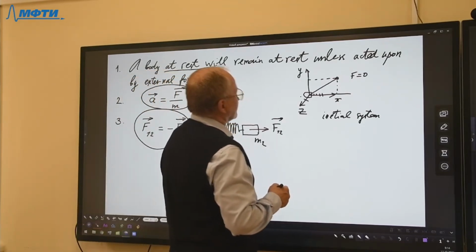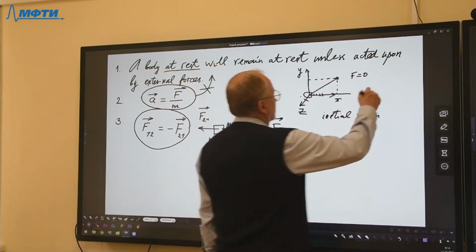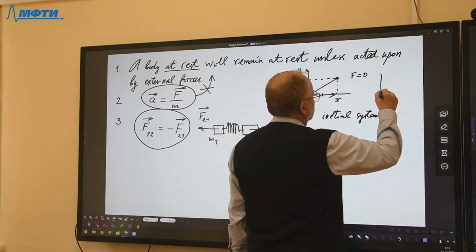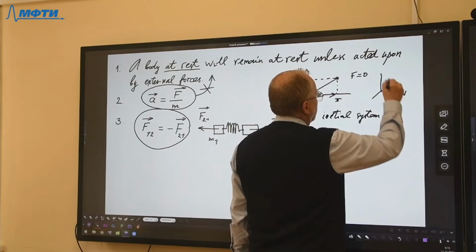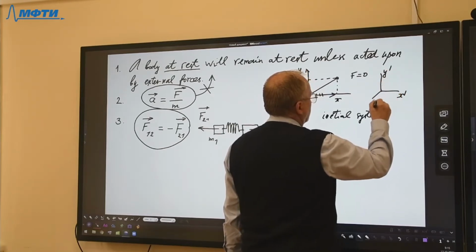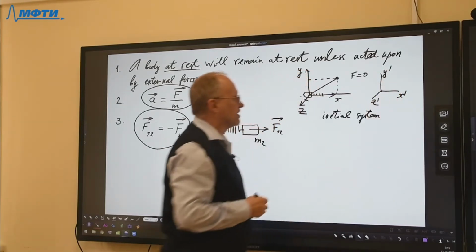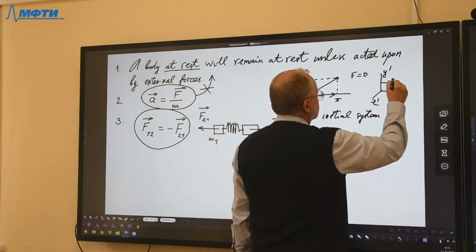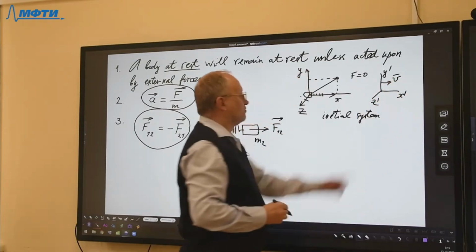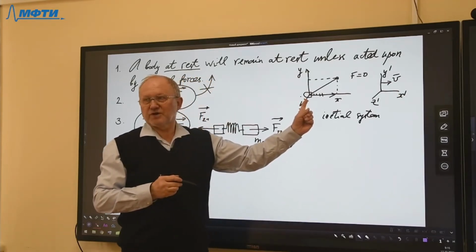Let's consider a different reference frame. Let it be x prime, y prime, z prime, a different reference frame which moves at some velocity v with respect to the first reference frame.